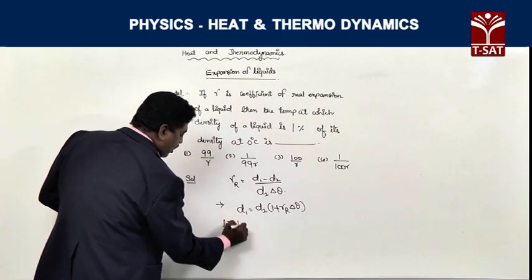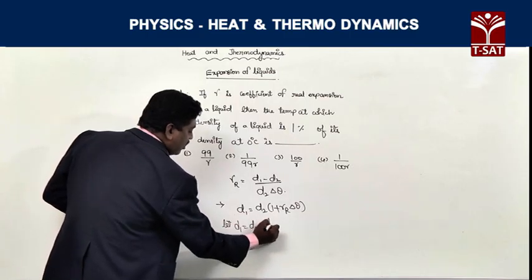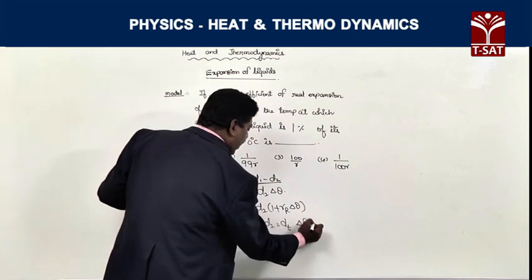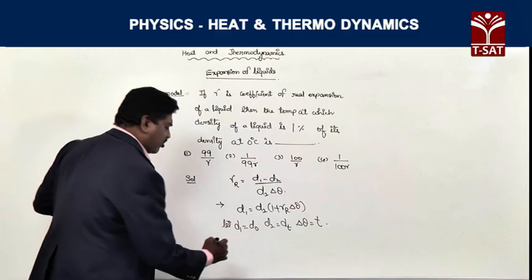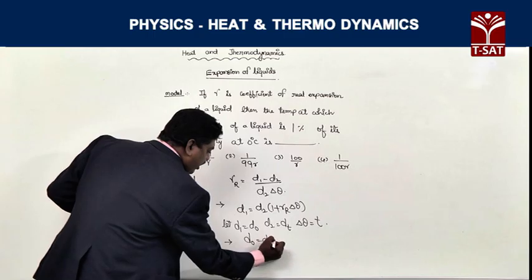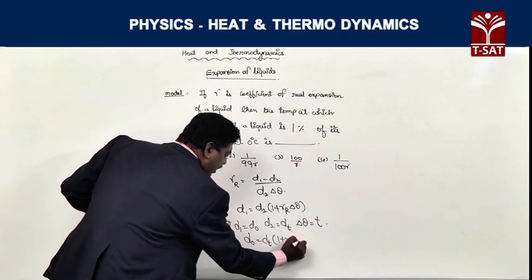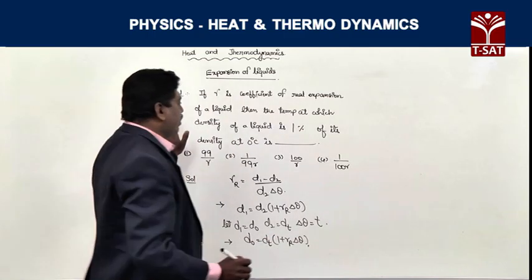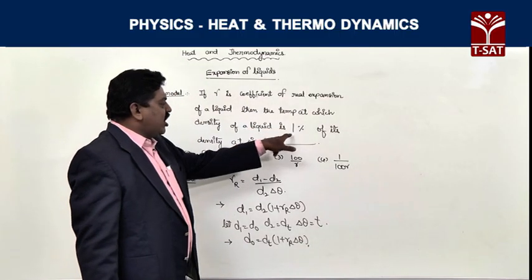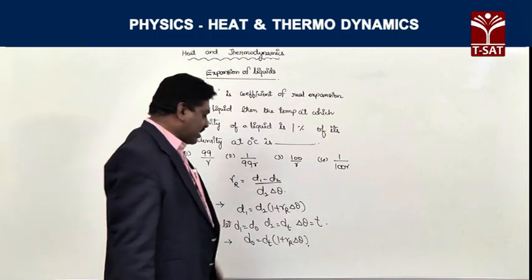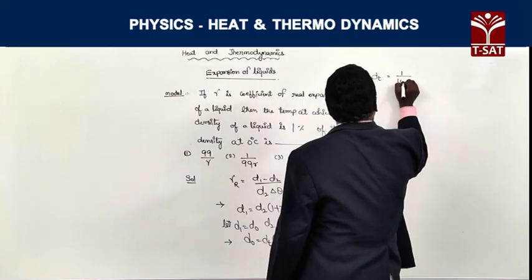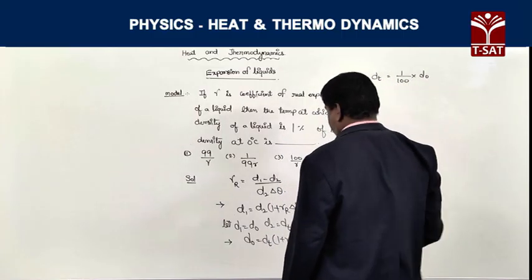Let d1 be d0, d2 be dt, and delta theta be t. In such a case, we write d0 equals dt into 1 plus gamma r delta theta. But in the problem it is given that the density of the liquid at a given temperature is 1% of the density at 0 degrees Celsius. So dt is given as 1%, that is 1 by 100 of d0.